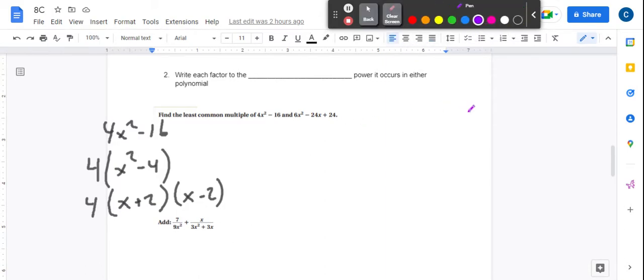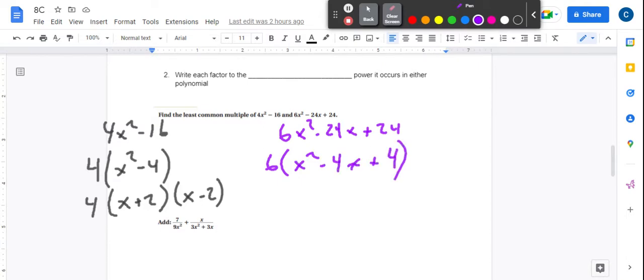Now, if we're looking at the other one, we have 6x squared minus 24x plus 24. First thing that we can do is pull out 6. We could divide 6 out of all of those terms, because 6 multiplies into all of them. So we divide out 6 and we get x squared minus 4x plus 4.